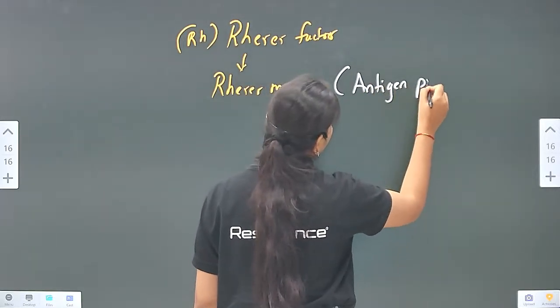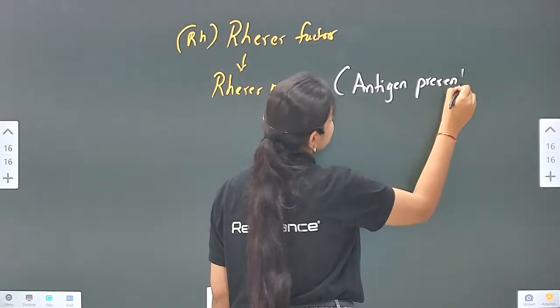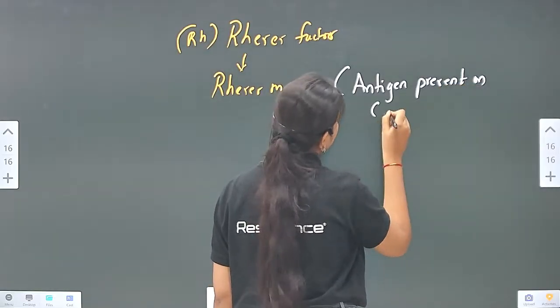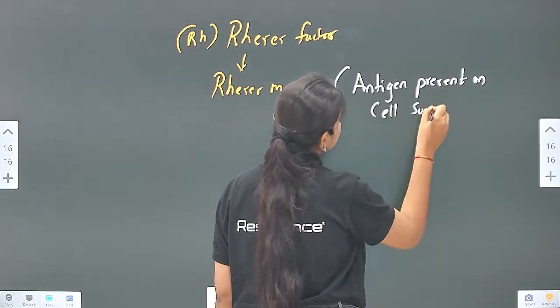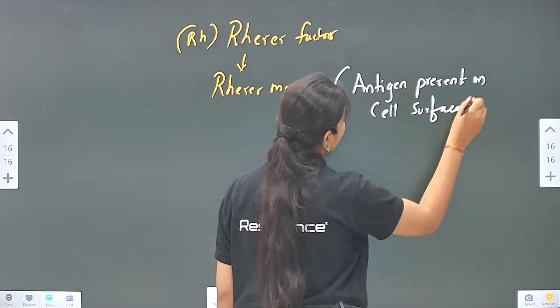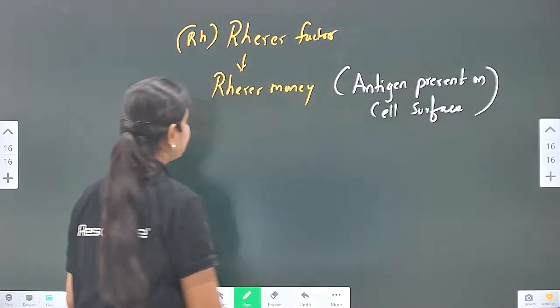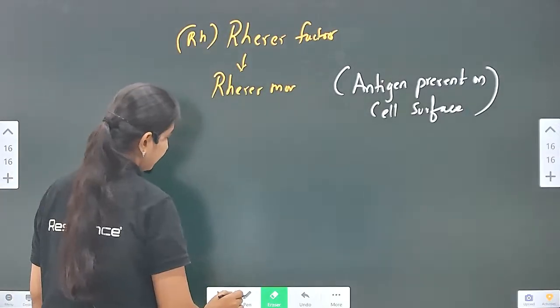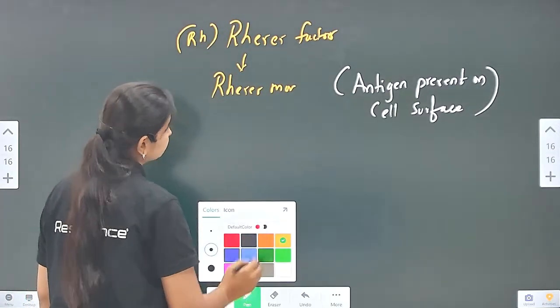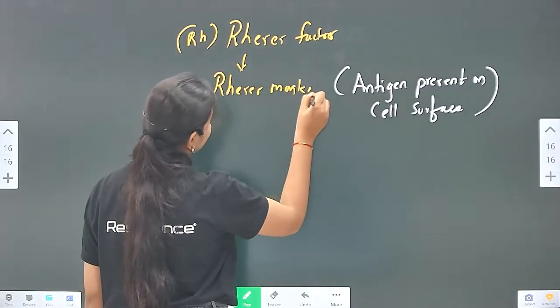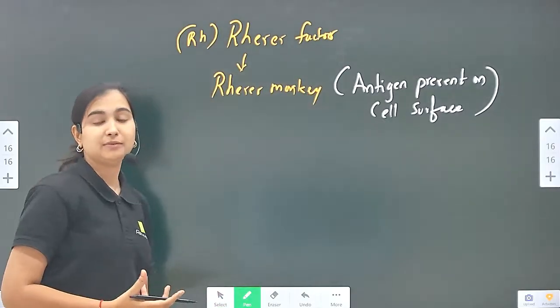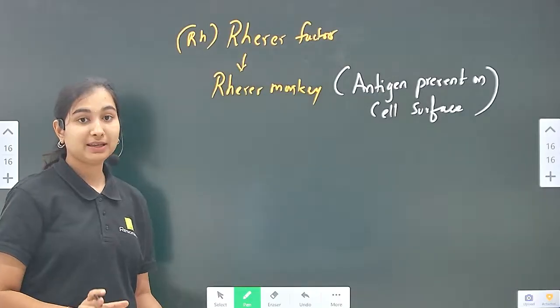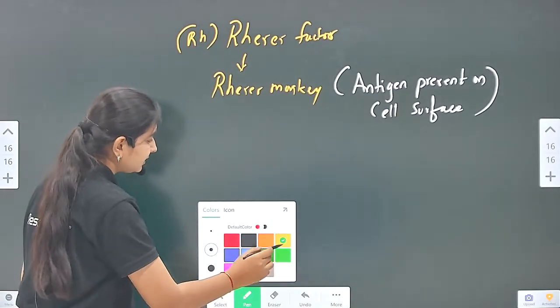Along with the normal antigen, it was found in the rhesus monkey.